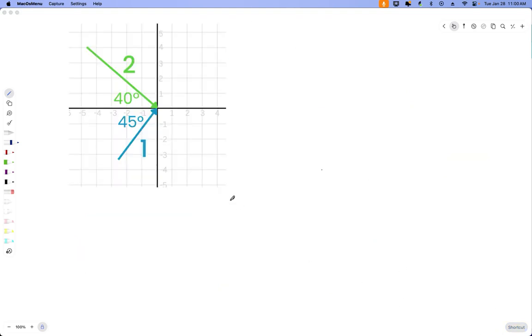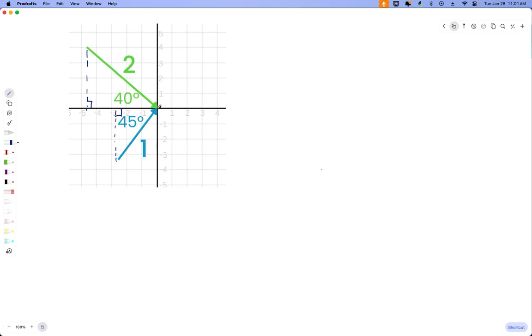All right, this one was tricky. Why is it tricky? Because of the arrowheads. You've got to look at the direction that they're going. So when we draw our other side relative to the x-axis here, we have to think about the direction of the arrow.